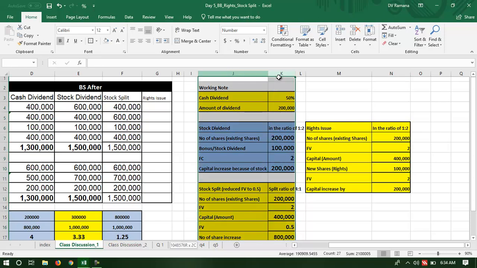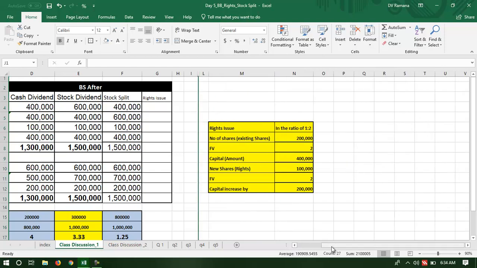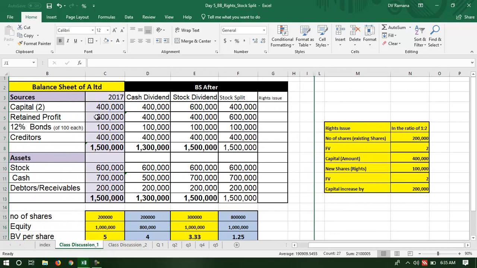Okay, let me close this. So the existing number of shares is 200,000, and the face value is 2. The capital is 400,000, that is the existing. And we are making a rights issue in the ratio of 1:2, 1 share for every 2 shares.